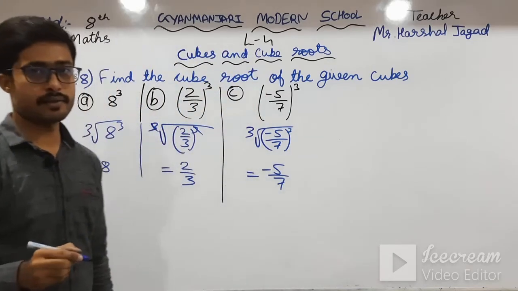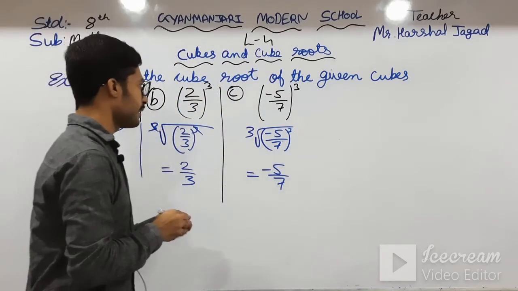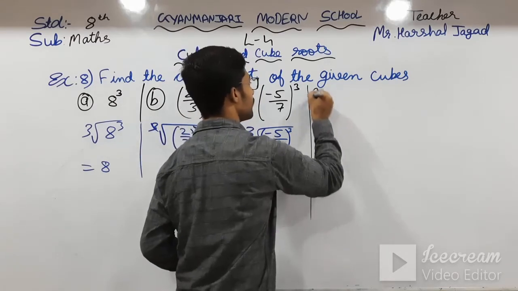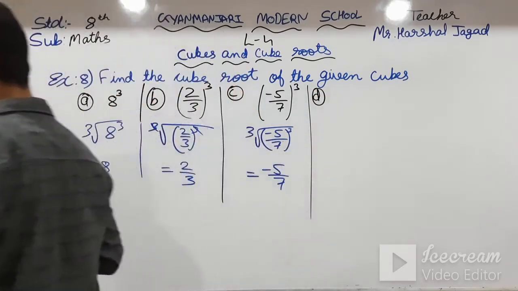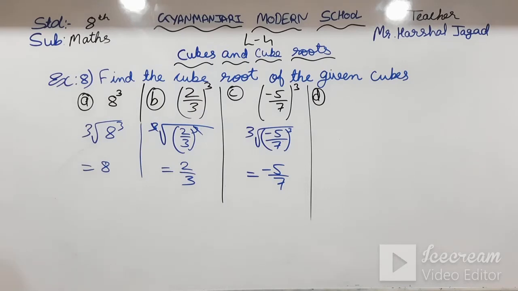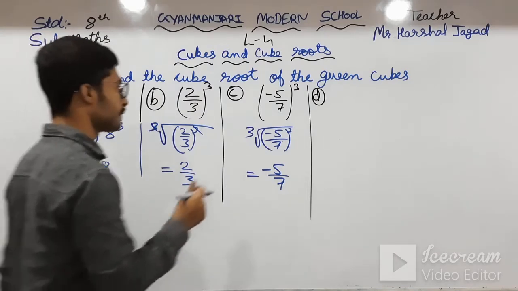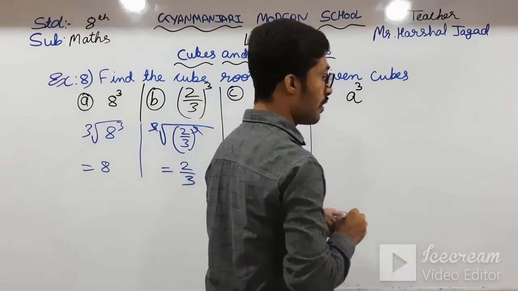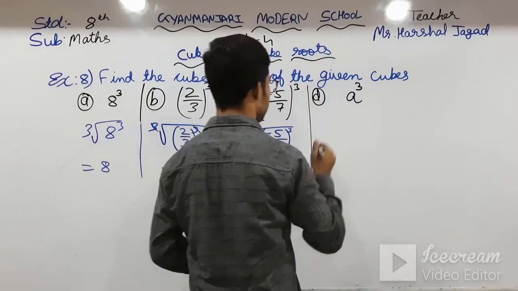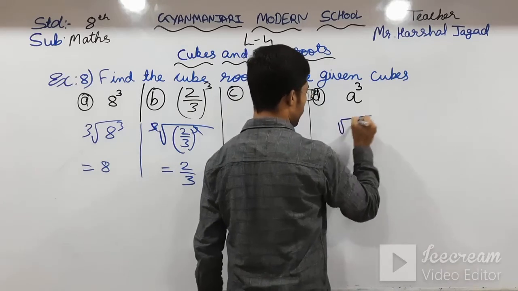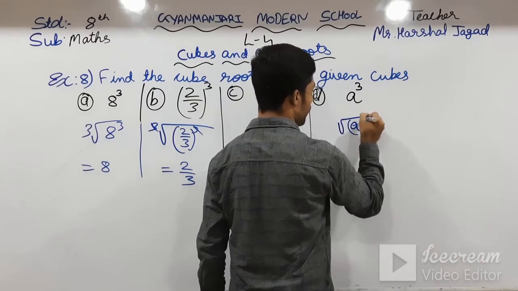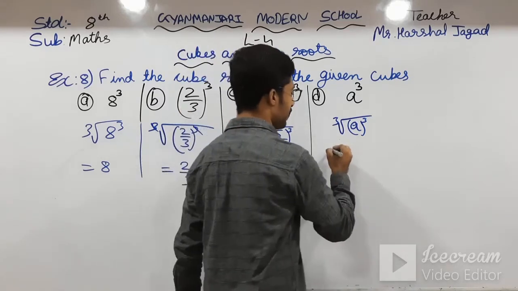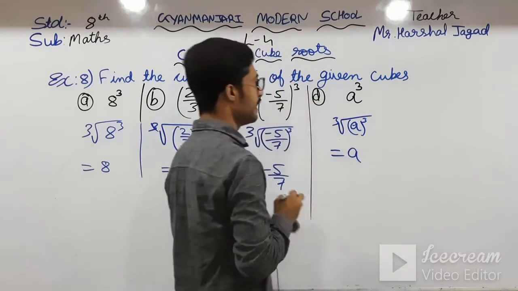Okay students, next one, that is D. What is the value of D? That is a cube. The cube root of a cube, so the cube root and the cube will cancel. The answer will be a.